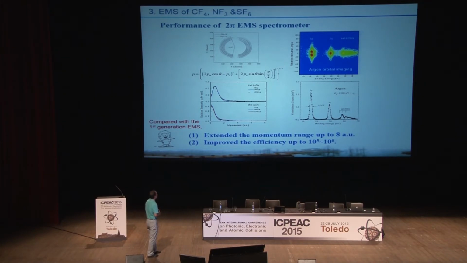Furthermore, the sensitivity of the spectrometer is improved by up to 10 to the power of 5. So, using this spectrometer, we can do some experiments on polyatomic molecules to observe the interference effect.